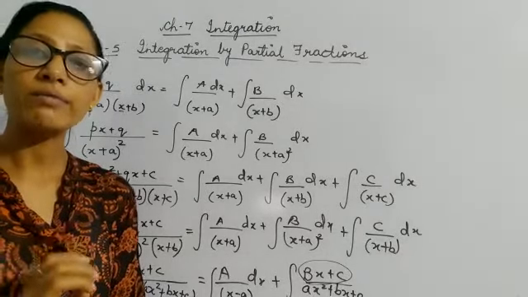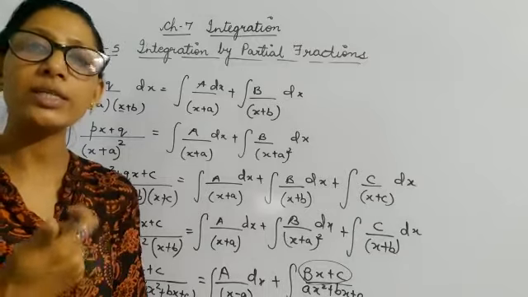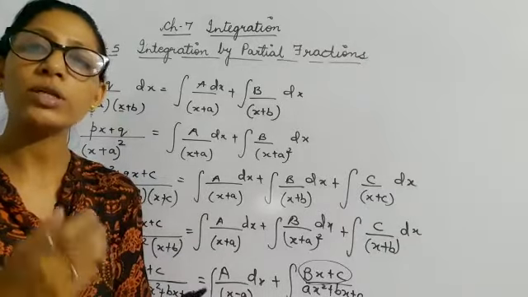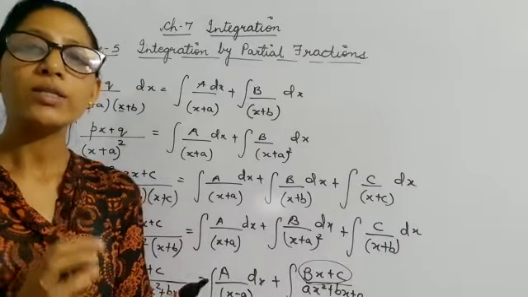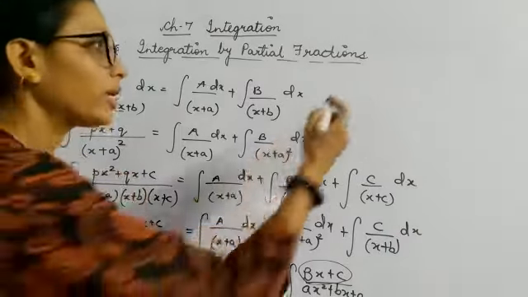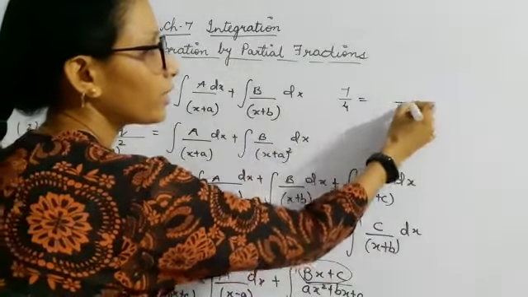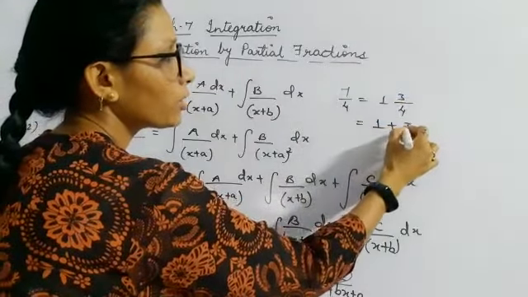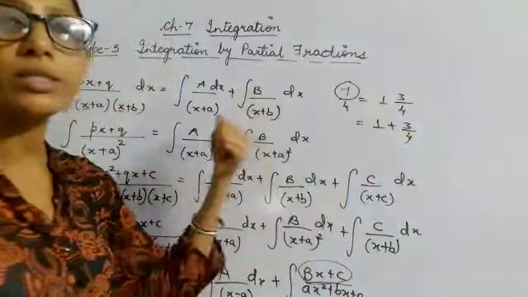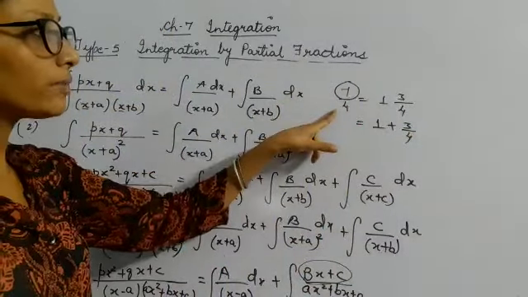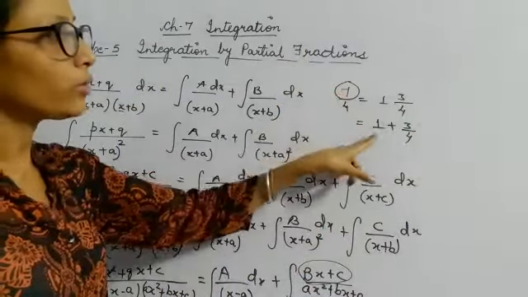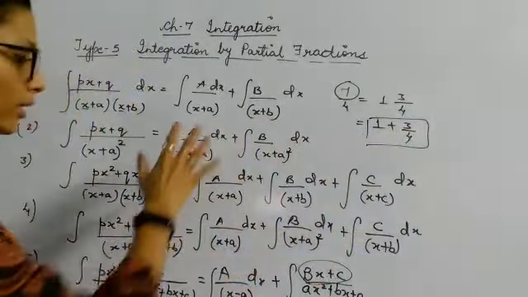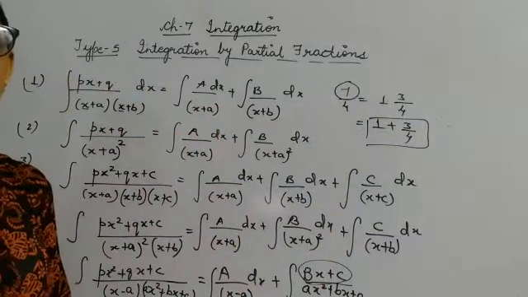So remember, whenever the degree of the numerator is greater than the degree of the denominator, you have to convert it into a proper fraction by dividing, and then write it as a mixed fraction, like 7/4 can be written in this form or in this form. Then you will solve according to these five kinds.